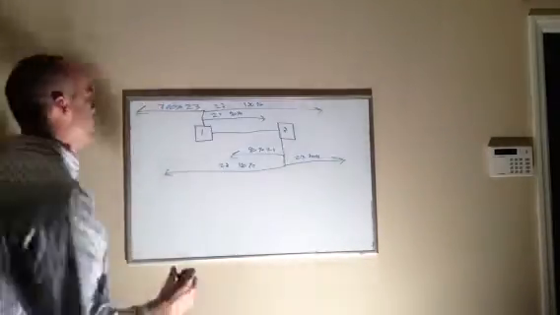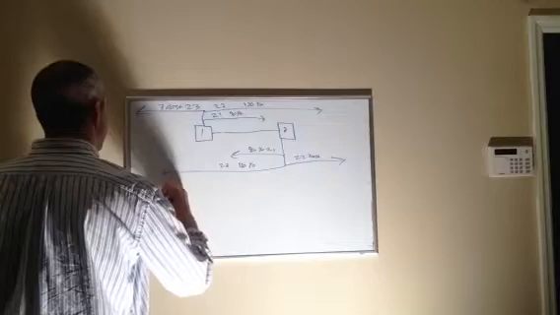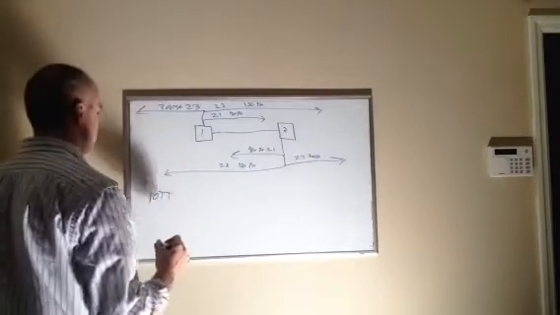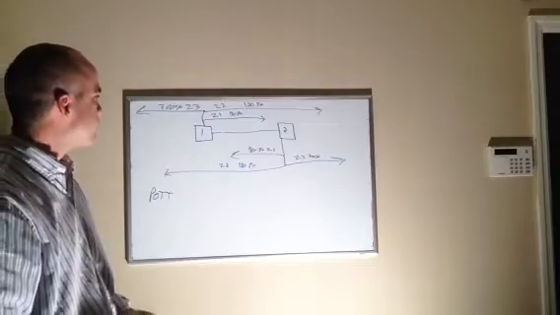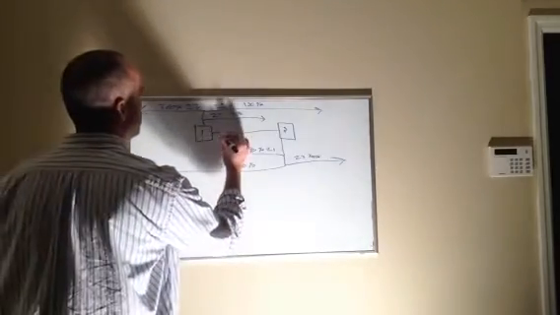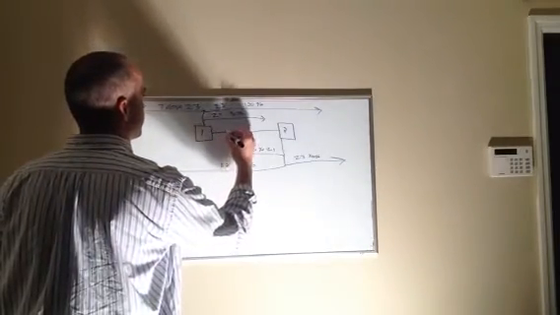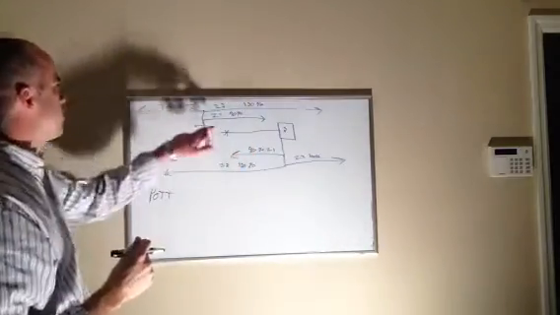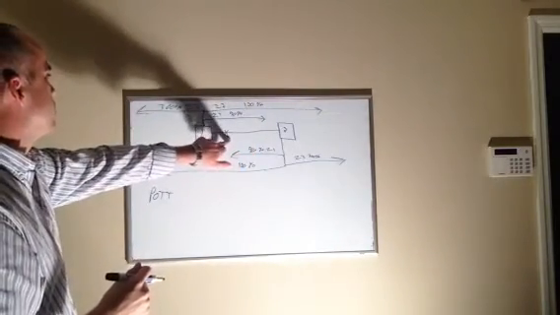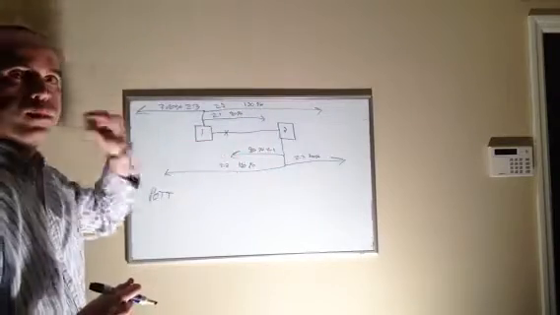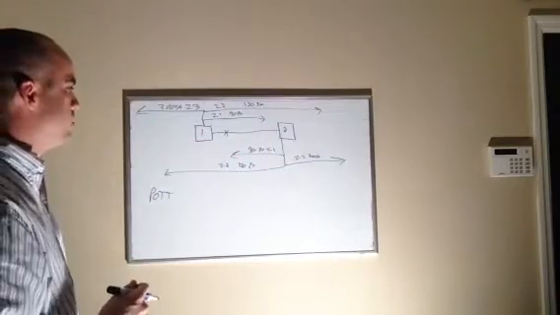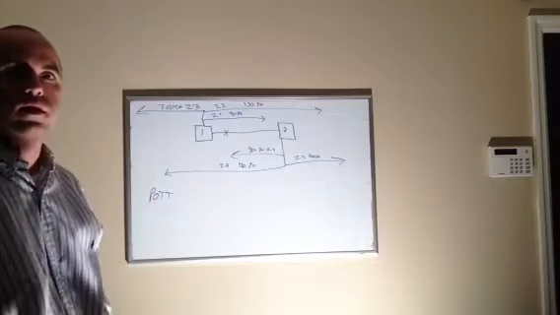Okay, so let's talk about how POTT works. POTT stands for Permissive Overreach Transfer Trip. So now let's put a fault on the line. Breaker 1 sees it forward looking. Breaker 2 also sees it forward looking. The way POTT works is it kind of works like an AND and OR logic.